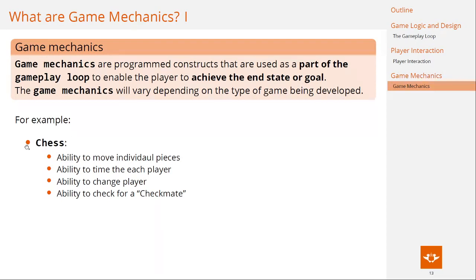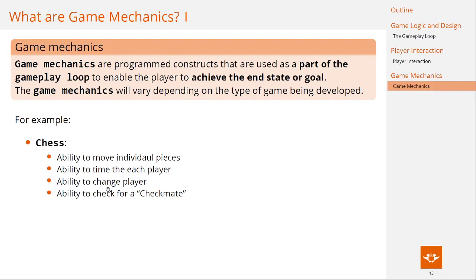For example, in chess, you need to have the ability to move individual pieces. You'll move a knight, you'll move a rook, you'll move a pawn in different ways. You need to have the gameplay coded in such a way that all of these operations are doable. You also need to have the ability to time each player so that the player doesn't spend an eternity figuring out what their move is going to be.